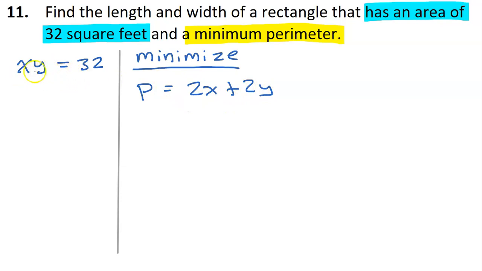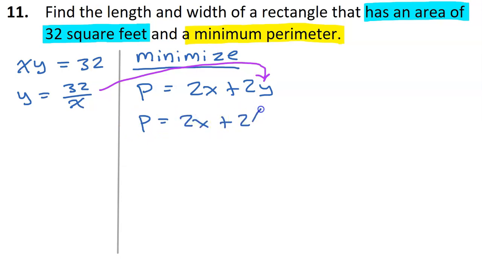So let's solve the secondary equation for y so we can substitute. Dividing both sides by x, we have y equals 32 over x. Let's go ahead and substitute that in. So we get perimeter is equal to 2x plus 2 times 32 over x.